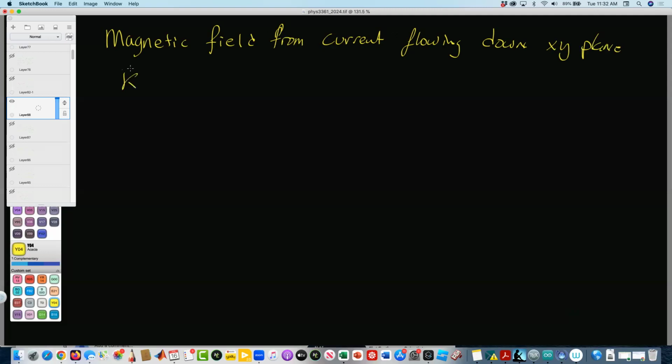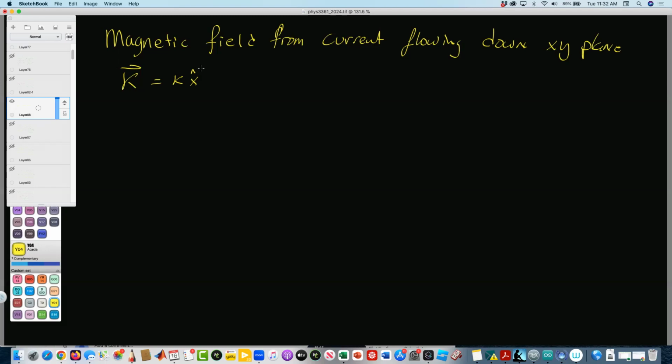And this is, again, K equals some constant times x hat. So it's only flowing, like if you were going to draw your Amperian loop, it would come out towards you, right? If you're drawing around where the x-axis is coming towards you. Okay. Now this is very similar to our slab that we just did. Slightly different.